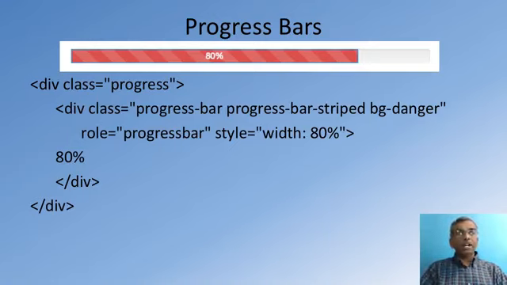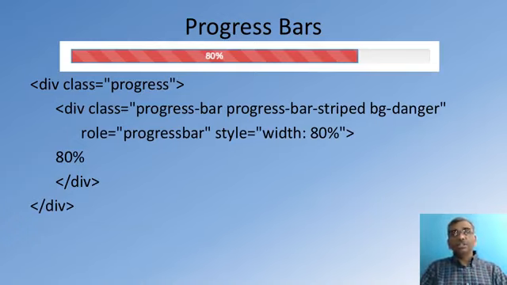Creating a progress bar in Bootstrap is done by applying the progress class to a div, and inside that we can apply another inner div with the class progress-bar, and also allow that to be further styled by using things like progress-bar-striped. And then you can apply the color for the progress bar by specifying the color as bg- and the color.